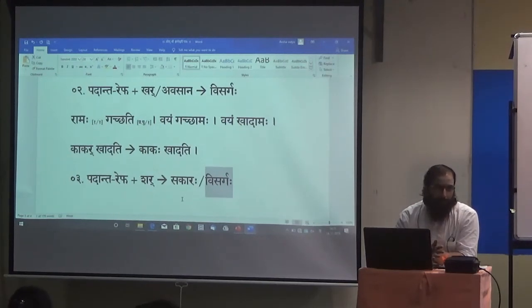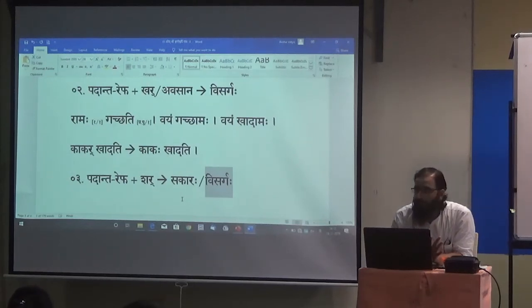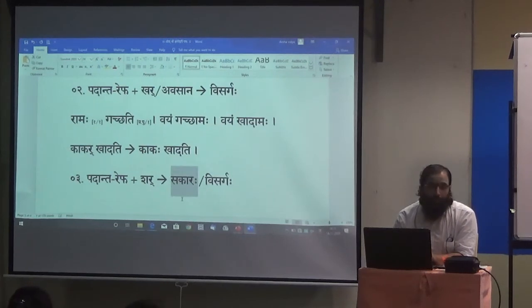It has become Visarga. Padanta Repa becomes Visarga when followed by a Kar. So the Visarga will remain as it is. Yes? Or in the place of Visarga, Sakara can come. Optional. So two possibilities are there. That is, hold on.